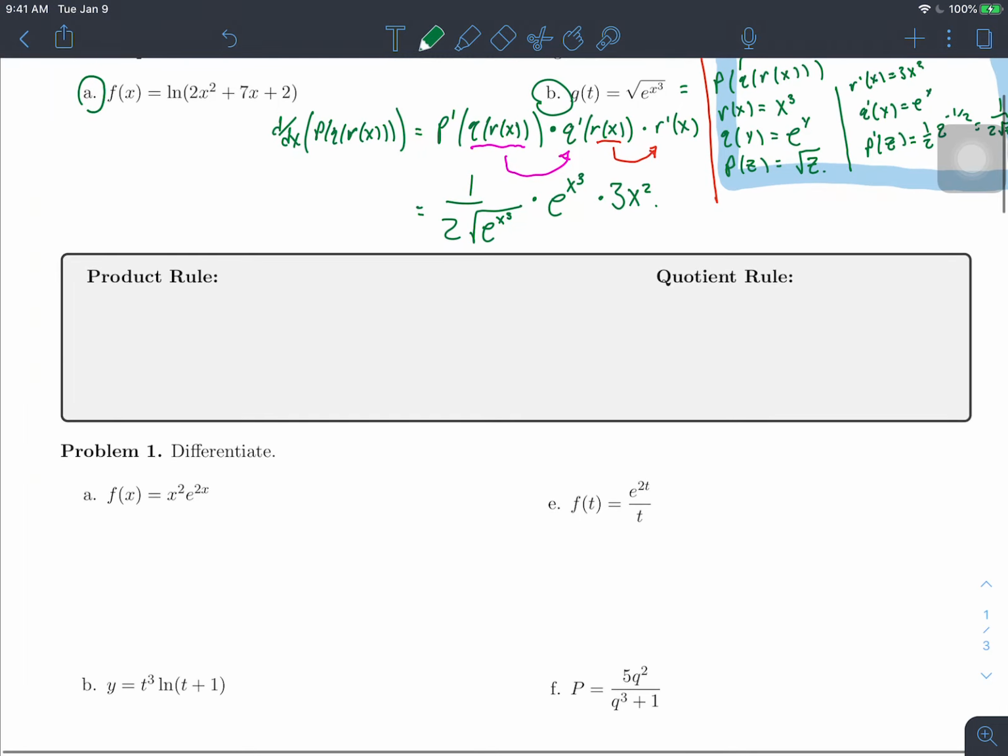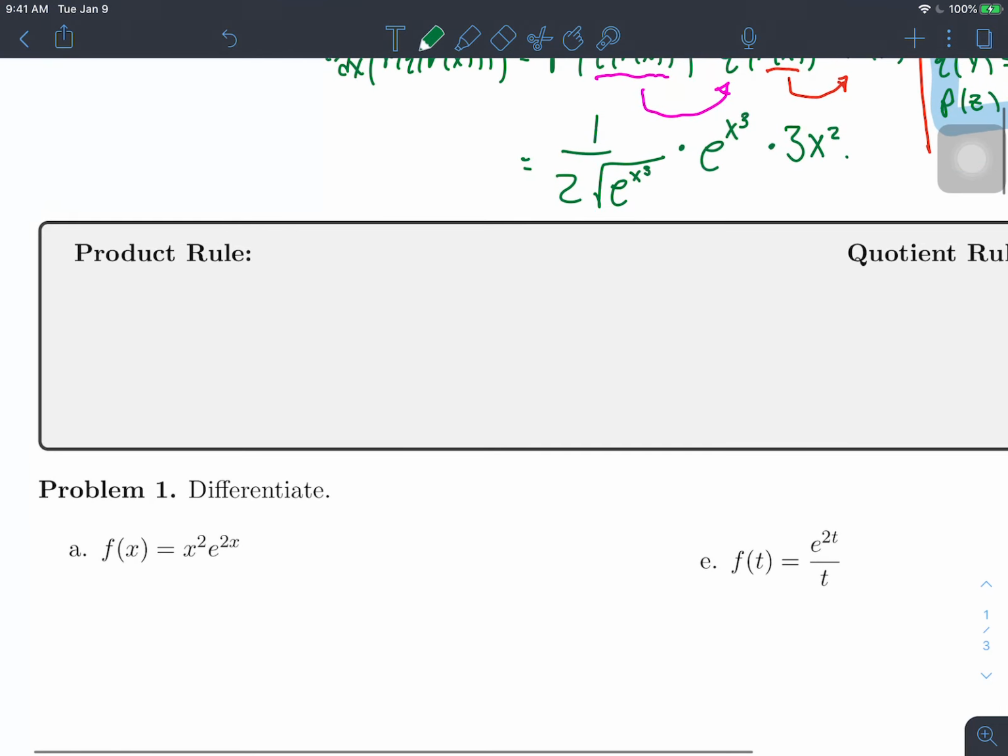Okay, so what the product rule says is if I want to do the derivative of f of x times g of x. Okay, f of x times g of x. Well, the product rule is being covered last, I guess, because it's one of the more complicated rules.